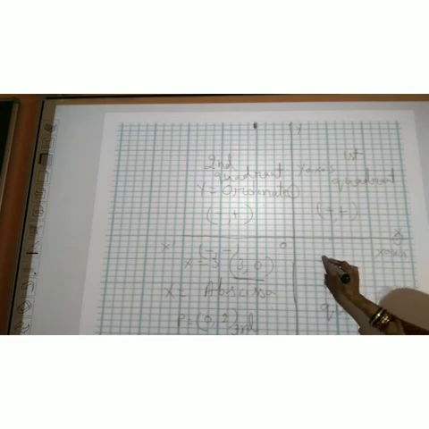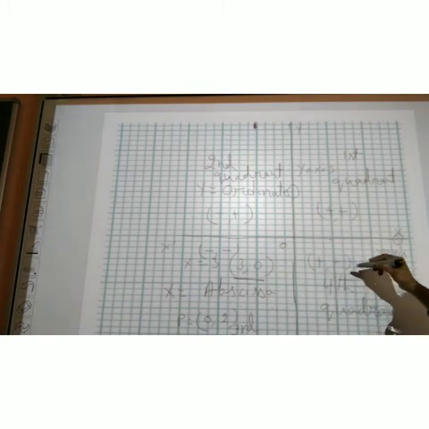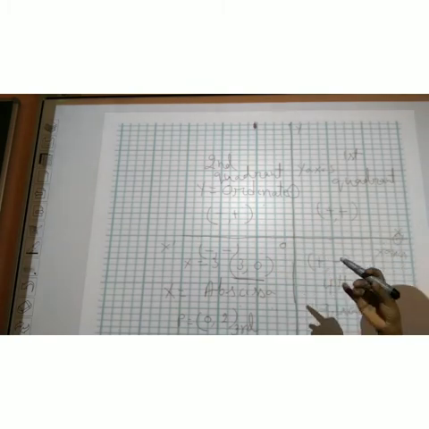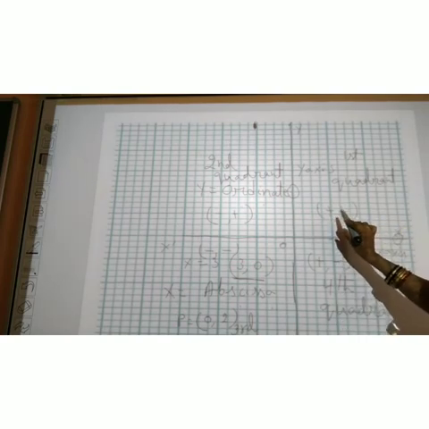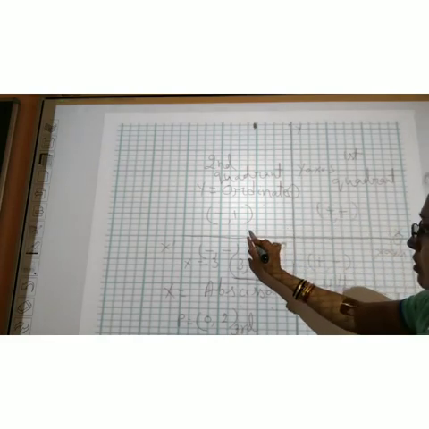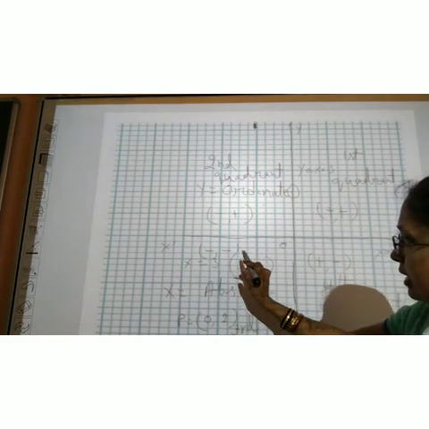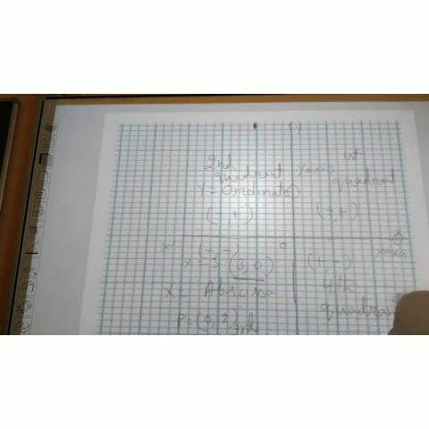In the fourth quadrant, the x value is positive and the y value is negative. If you remember these signs, you can look at the values of x and y and easily identify in which quadrant the point is represented. First quadrant: positive, positive; second: negative, positive; third: negative, negative; fourth: positive, negative.